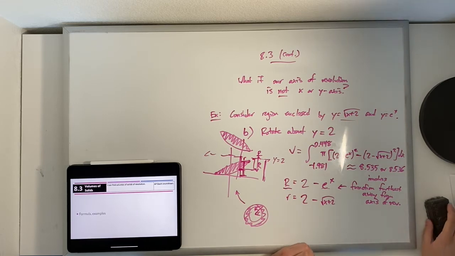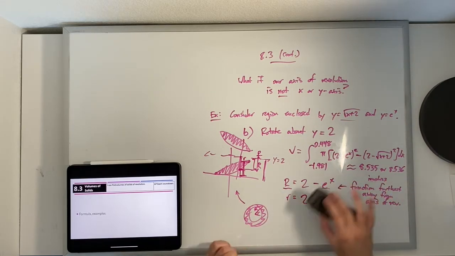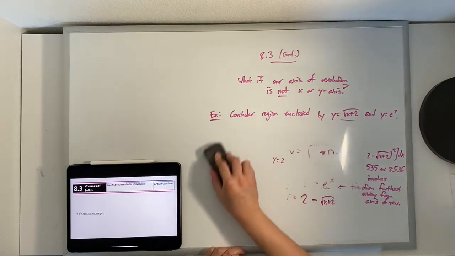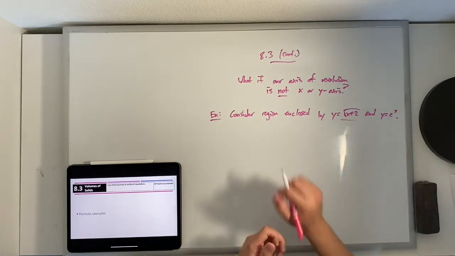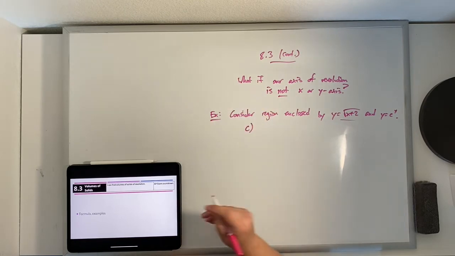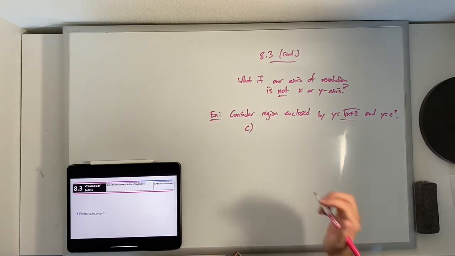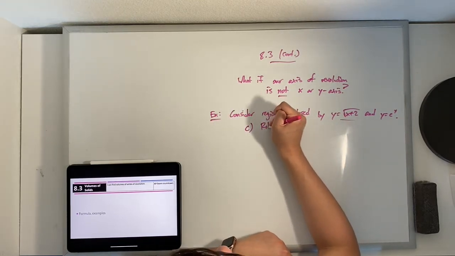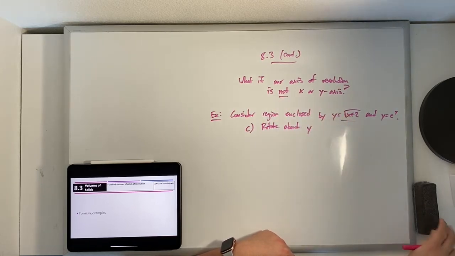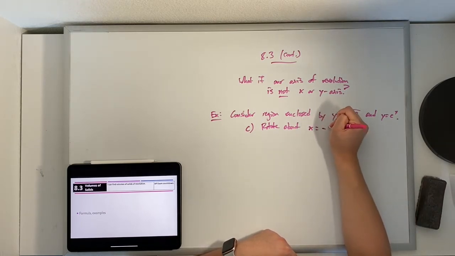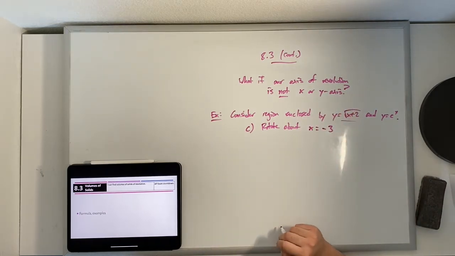Okay. So take a second. Moving on to part C, we have a couple more examples today. I know today's video might be a little longer than usual, I do apologize. Same shape. Now we're rotating about the line, not y anymore, x equals -3.